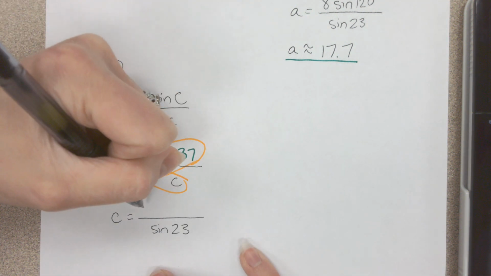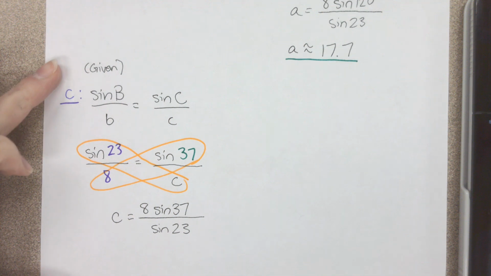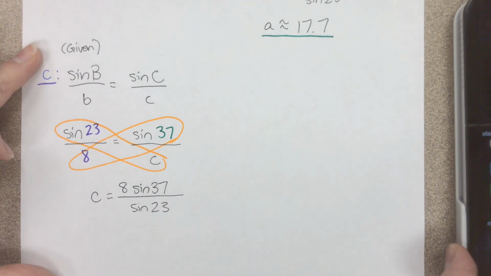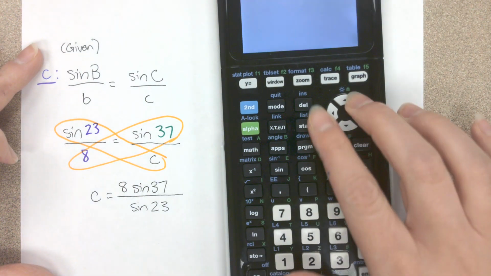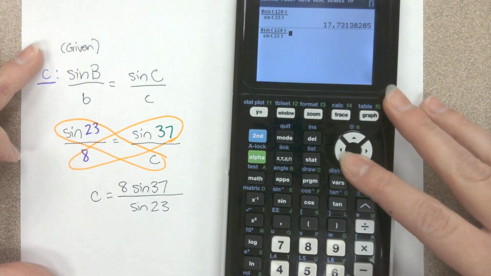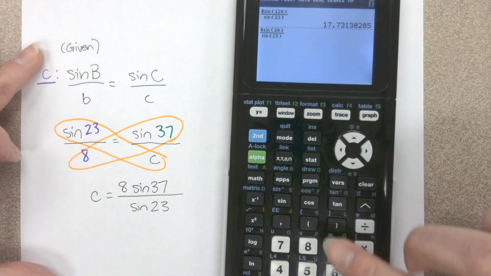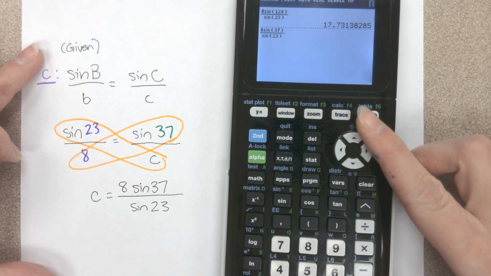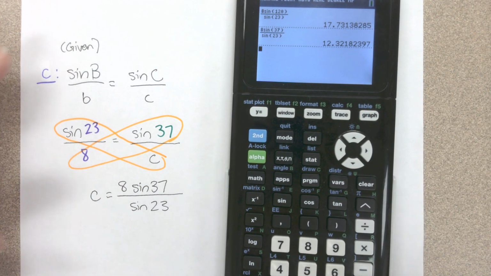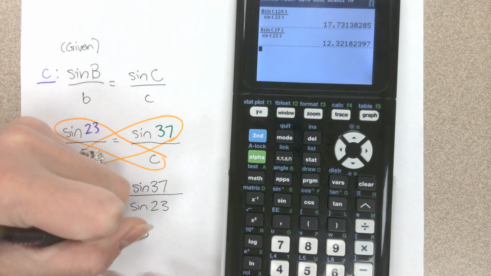And then 8 sine of 37 goes on top. Then I can just grab what I did last time and change it. We just need to change 120 to 37. C is 12.3.